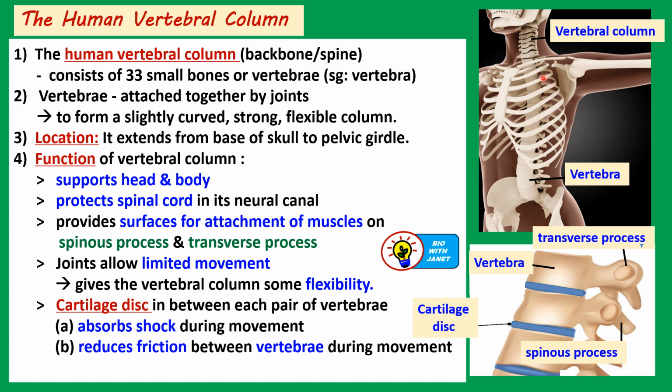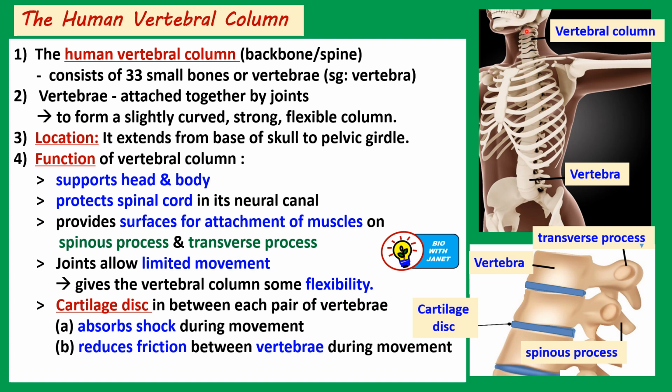So our backbone is not made of just one long bone, but is made up of 33 small bones called the vertebrae. This gives the backbone some degree of flexibility so we can bend it.